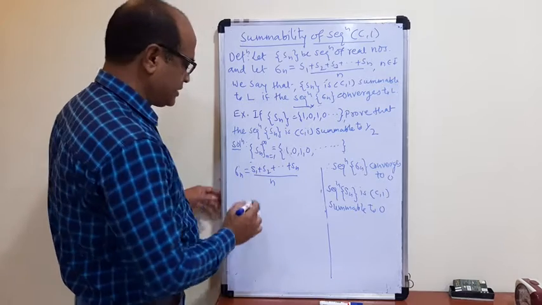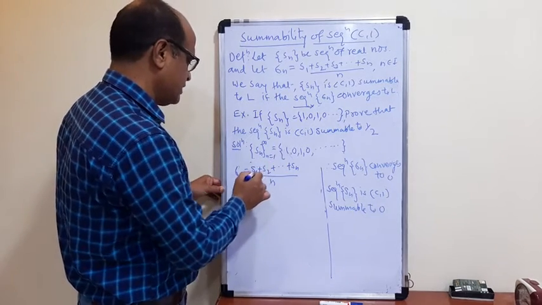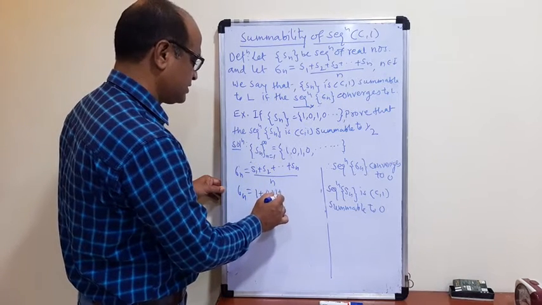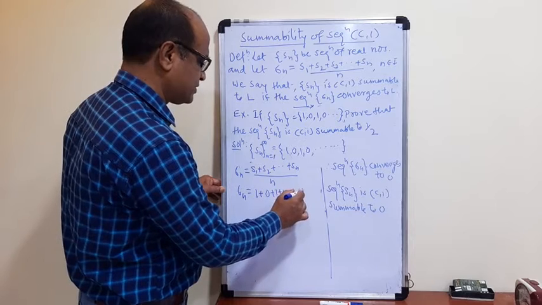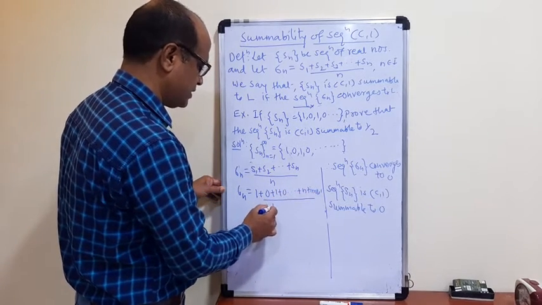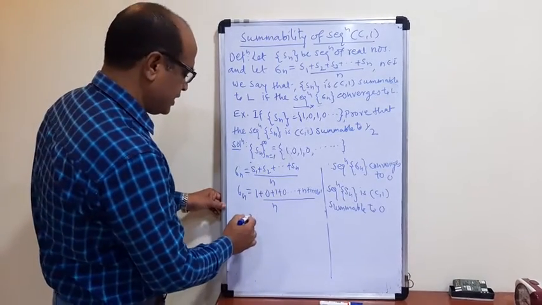So S1 is 1, plus S2 is 0, plus 1, plus 0, n terms, divided by n.